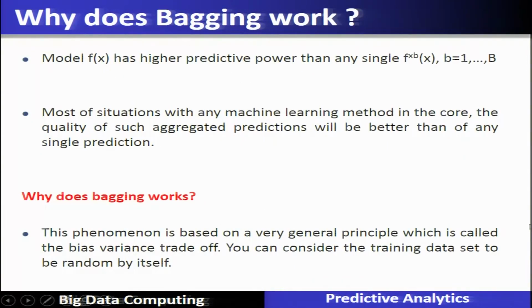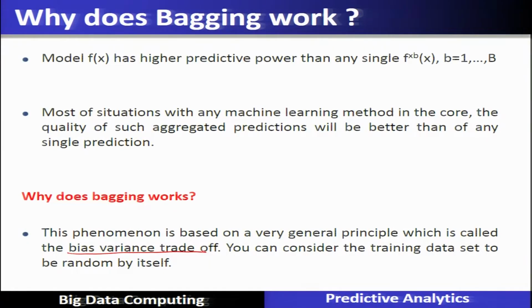Now the question is why bagging works. The model f of x has higher predictive power than any single decision tree or any single model, so in most situations the quality of such an aggregated prediction will be much better than any single prediction. This phenomenon is based on a very general principle called the bias-variance trade-off.